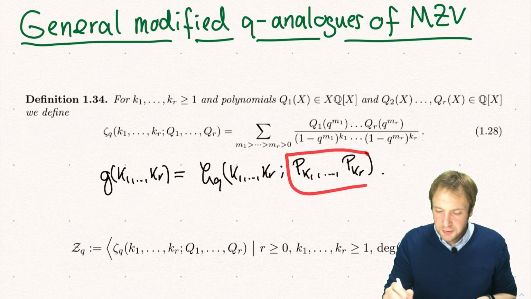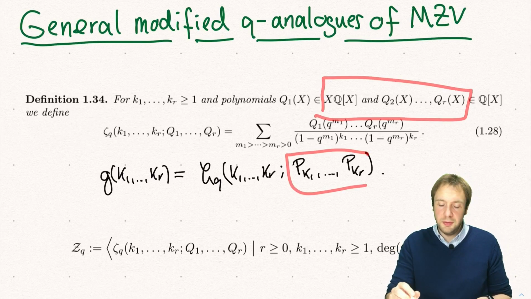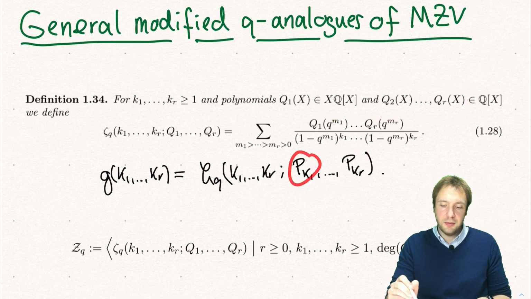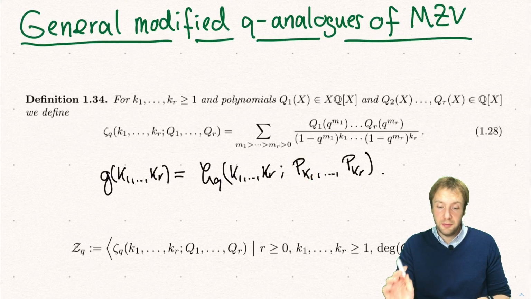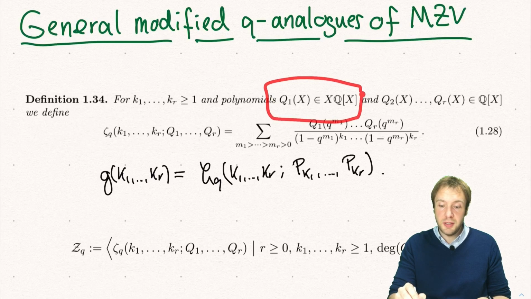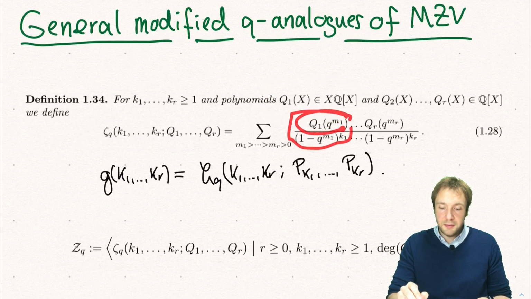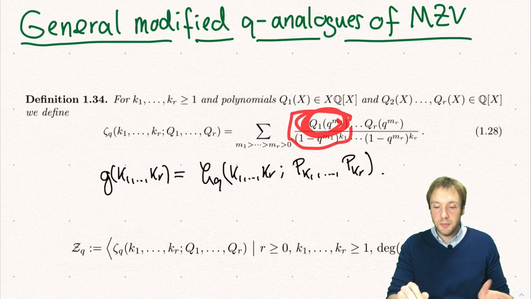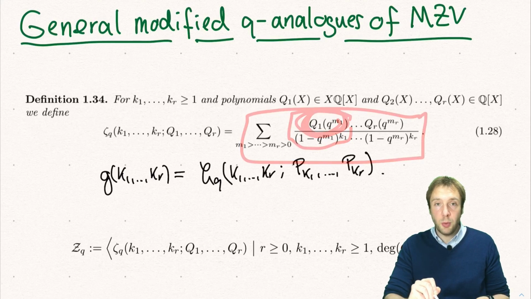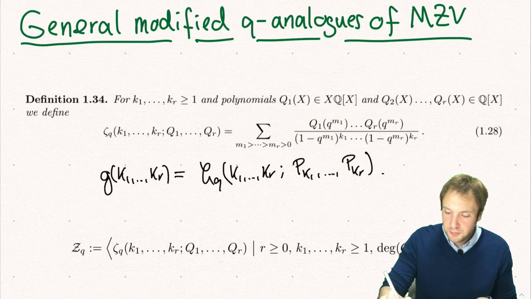And they satisfied this condition here, because in the homework you show that p_k(0) is 0, so it satisfies this. And the reason for this condition is what I mentioned at the beginning, that this first polynomial shouldn't have a constant term, because otherwise this wouldn't be a well-defined q-series. So this is again a q-series.